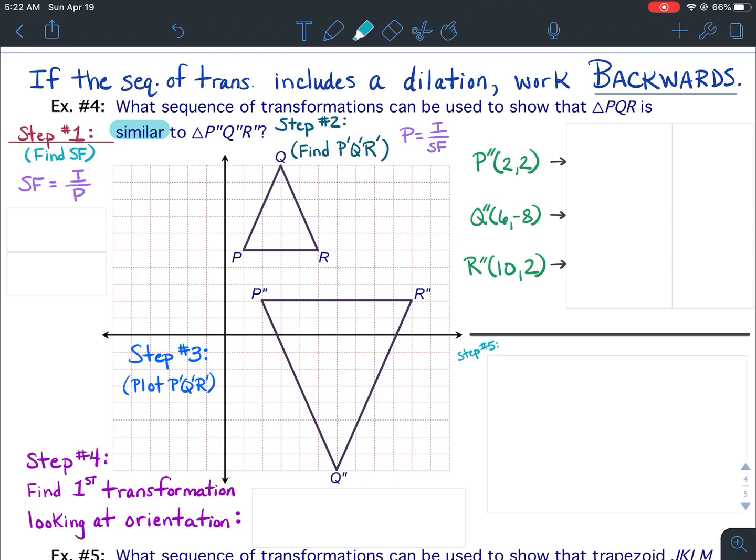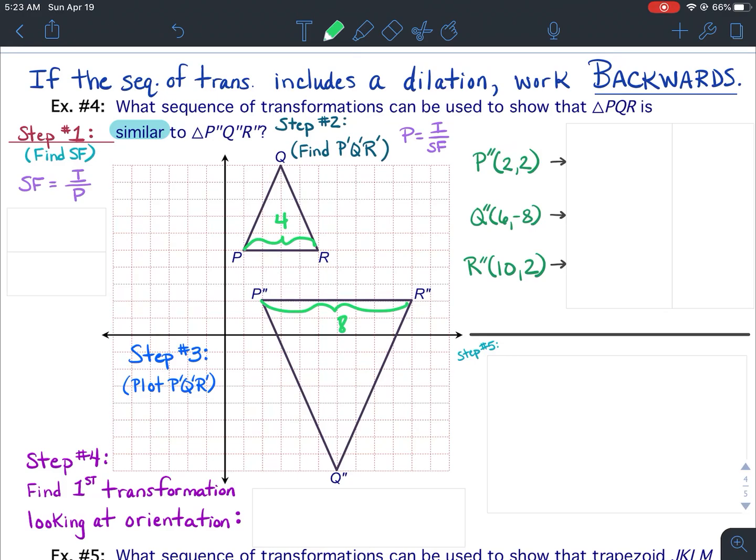For step 1, we need to find the scale factor. And remember, scale factor is the ratio of the length of a side in the image to the length of a side in the pre-image. So, let's look at PR. PR is 4 units, and its corresponding side, P double prime, R double prime, is 8 units.